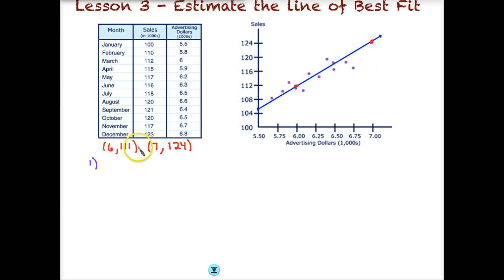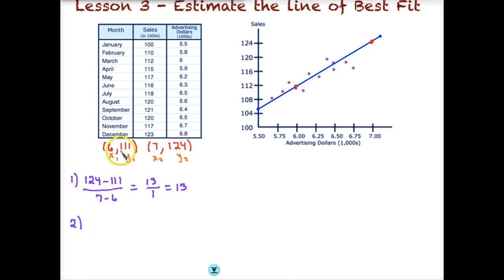Okay, so now we'll go ahead and find our x1, y1, x2, y2, so we can mark these, and then let's do the slope. So here we have 124 minus 111 over 7 minus 6, which gives us 13 over 1, which is just 13.